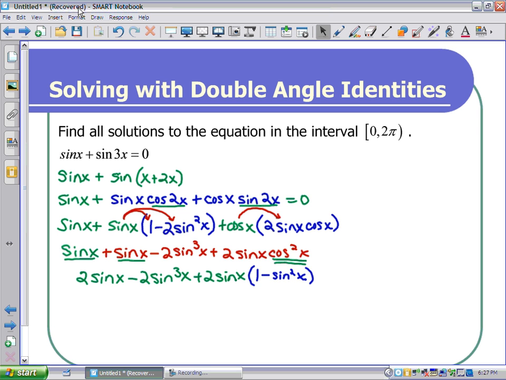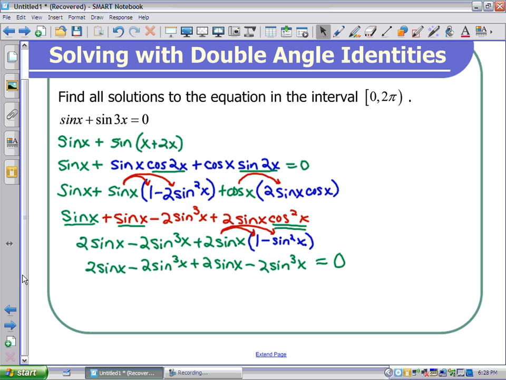It's our last distribution here, where we're going to have to distribute this 2 sine x into the parentheses over here. All right, so we have 2 sine x minus 2 sine cubed x plus 2 sine x, and then 2 sine x times a negative sine squared x, we get negative 2 sine cubed x. All of this, again, remember, is still equal to 0.